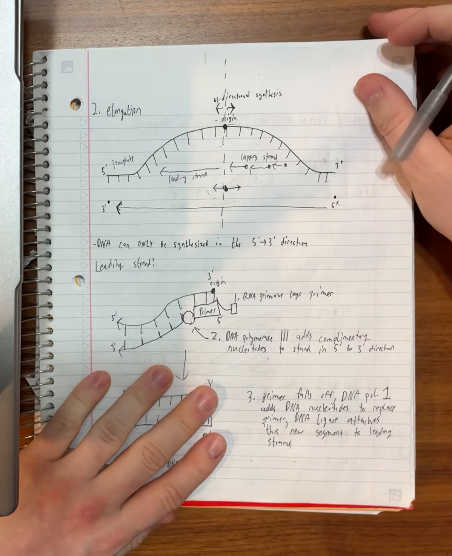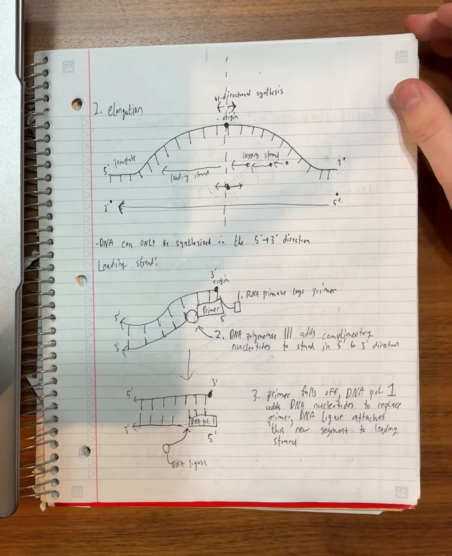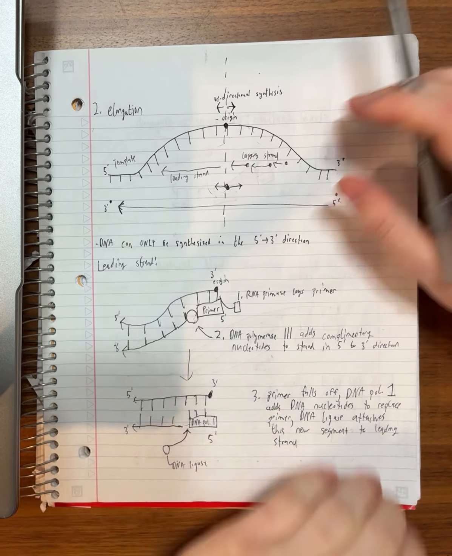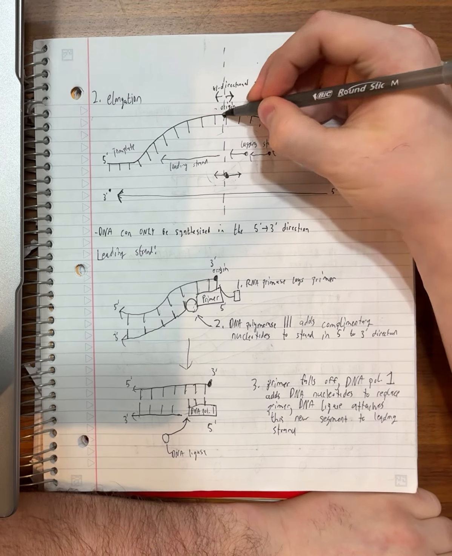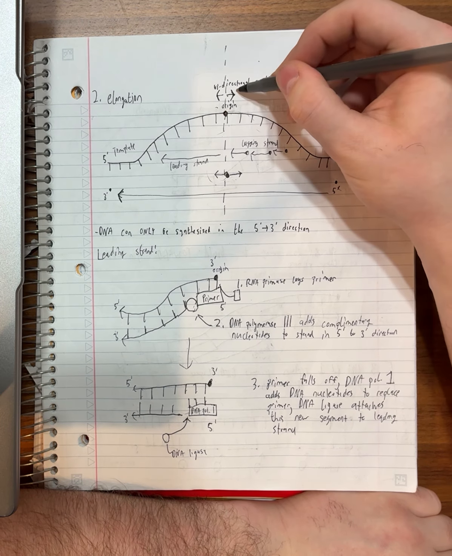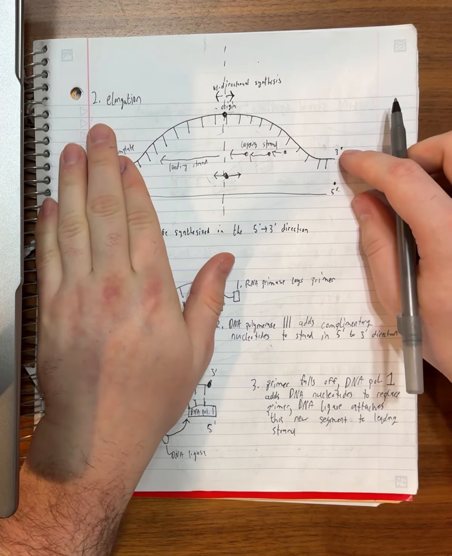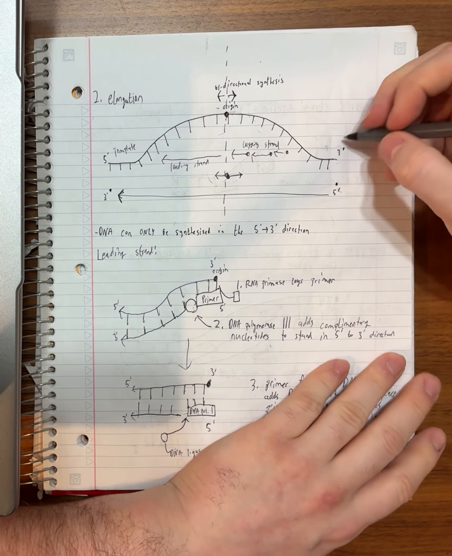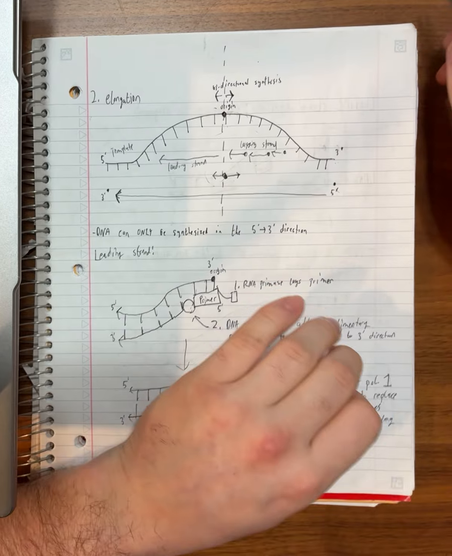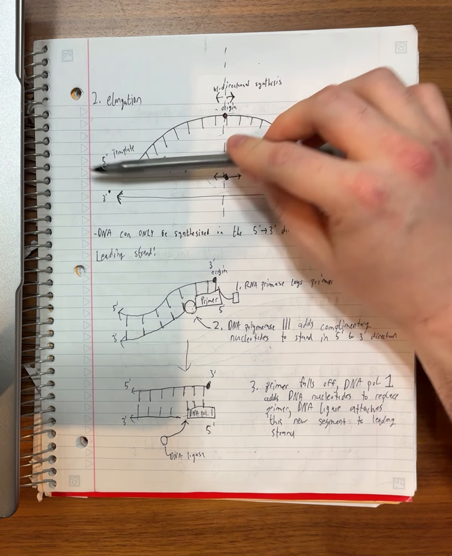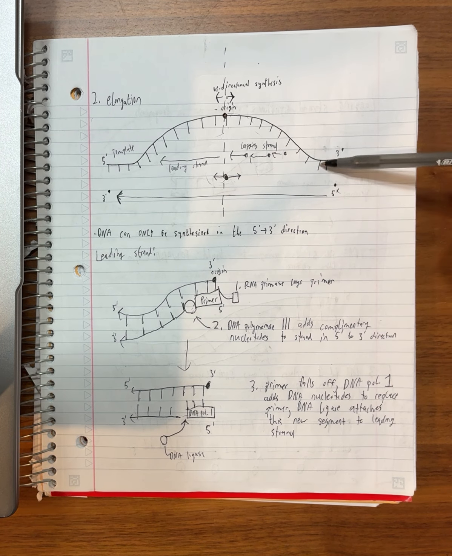So elongation. Elongation is the actual adding of nucleotides to create a new strand. So remember we had our origin right here, and then we had the DNA sort of unzipping in each direction and creating this bubble area. So if I want to start making a new strand, I'm going to build off of this existing template strand.